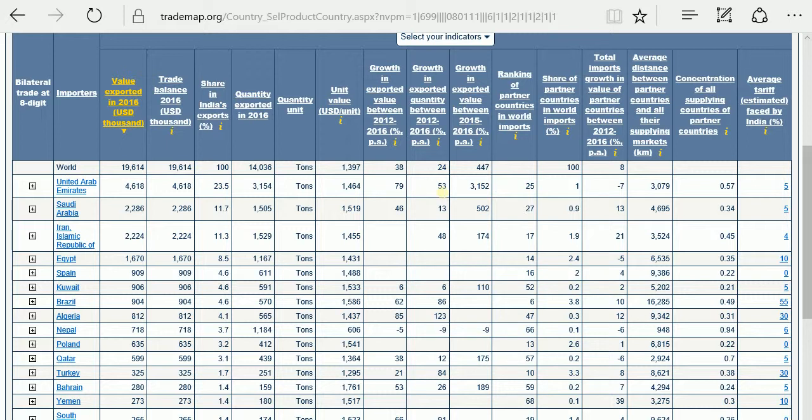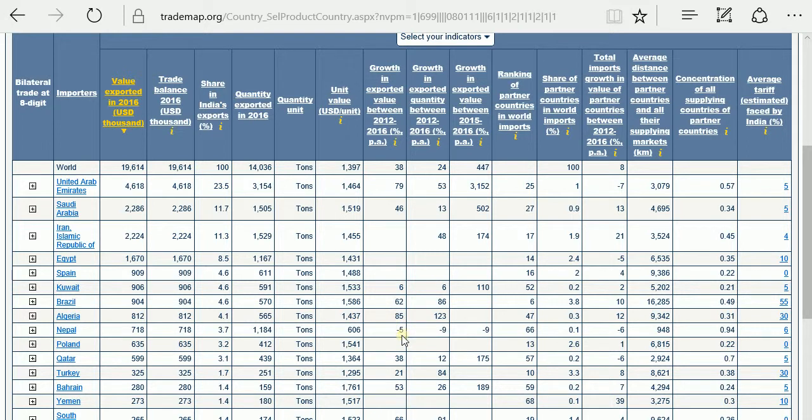And we can see the quantity. Quantity is also in the positive percentage. This means simultaneously the quantity of desiccated coconut exported from India to UAE is rising, the same as the value. But in the case of Nepal, it shows a negative range. This means minus 9% for the quantity exported. That means the quantity is getting reduced at the rate of 9% and the value at the rate of 5%.